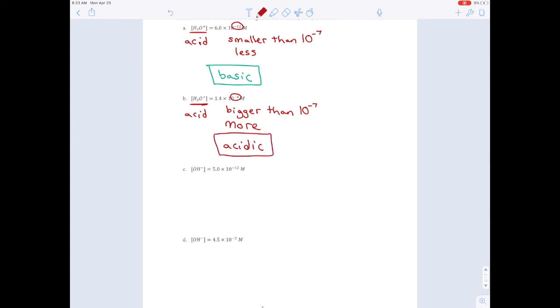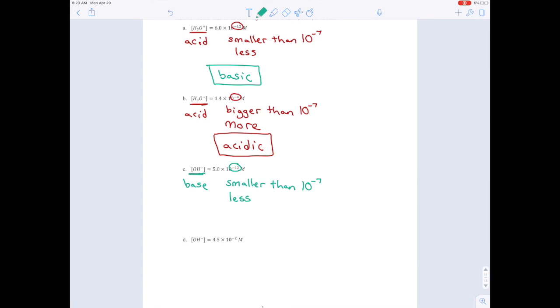All right, C. First, are they giving us an acid or a base? They give us OH minus, that is a base. Second, is the number they're giving us bigger or smaller than 10 to the negative 7? Because the exponent is negative 12, that's going to have more zeros in front of it, so it's going to be smaller than 10 to the negative 7, which means you're going to have less.